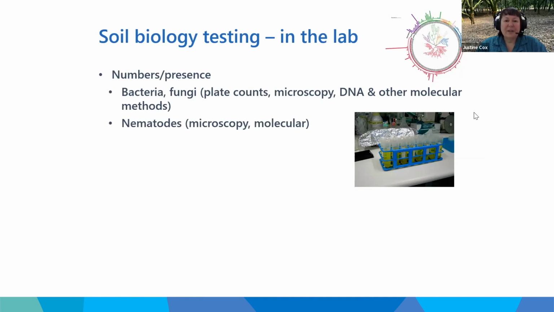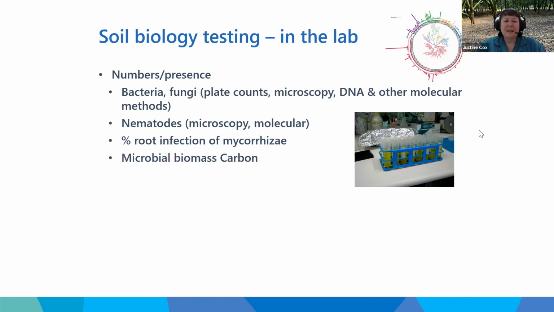You can look at nematodes under the microscope or by molecular methods. There's the percent root infection of mycorrhizae, so how much of the root is infected with mycorrhizae. And microbial biomass carbon, so how much of the carbon in the soil is due to microbes. That's a good tool to work out the percentage of the carbon that is microbial.